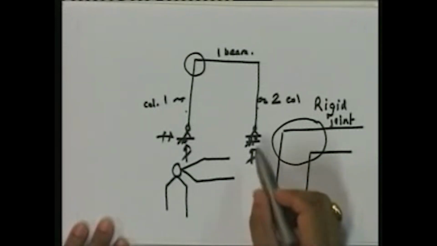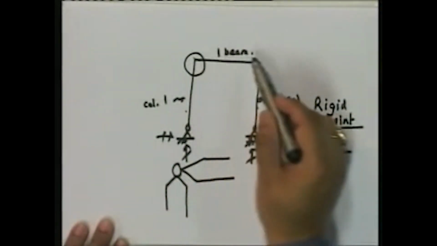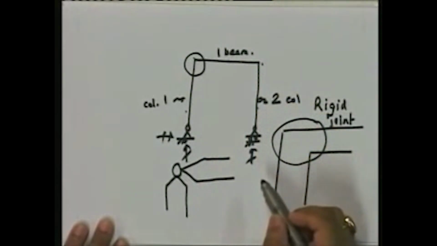How many joints? 1, 2, 3, 4. So, if I use my formula, m plus r minus 2j, j is equal to 4, m plus r is equal to 6. What does that give me? The degree of static indeterminacy is minus 2. Does that make sense?